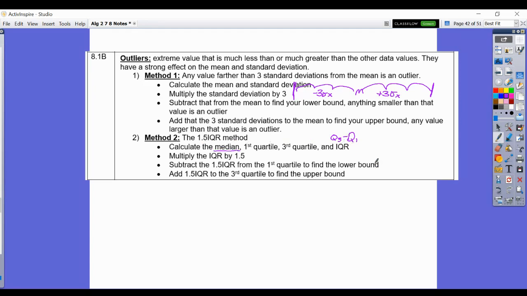You multiply this interquartile range by 1.5, and then you take your median and you add 1.5 times your IQR and you subtract 1.5 times your IQR. And whatever's inside of these two numbers is fine. Anything outside there will be an outlier. All right, so let's go ahead and try that out.